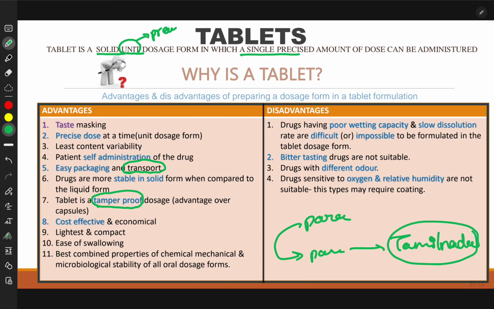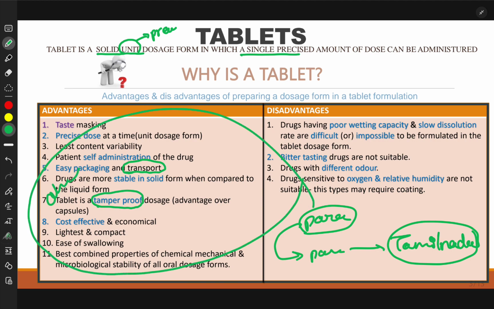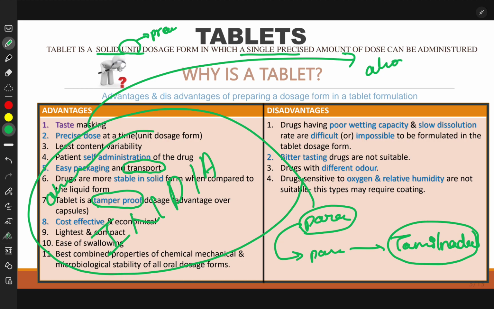but see, this same tablet is observed all over the country India, sometimes also in other countries. Why? Export.